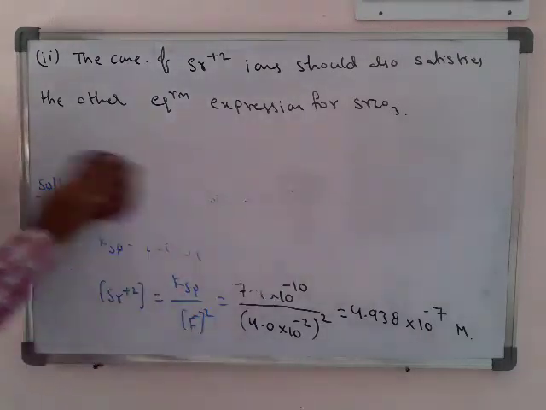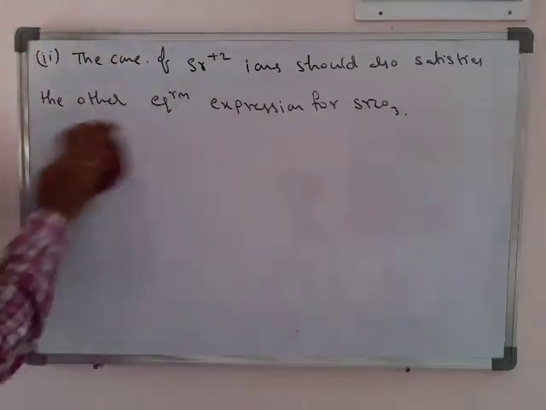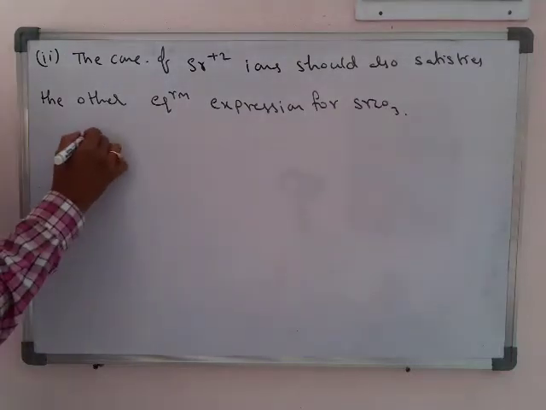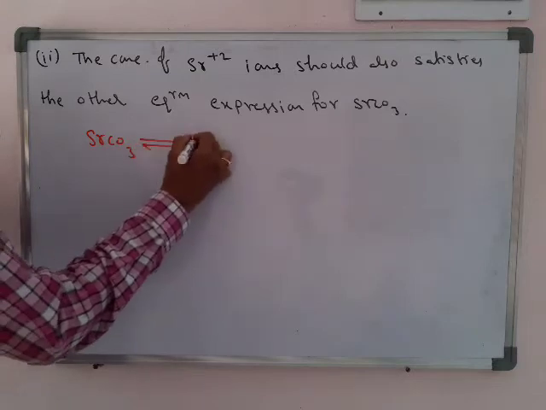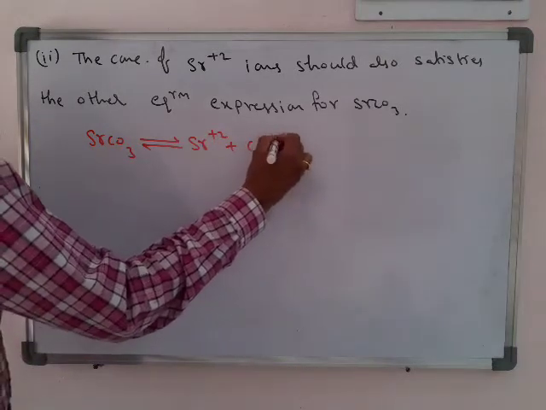So what is the second equilibrium? The other salt given in the solution is SrCO3, giving Sr plus 2 and CO3 minus 2.